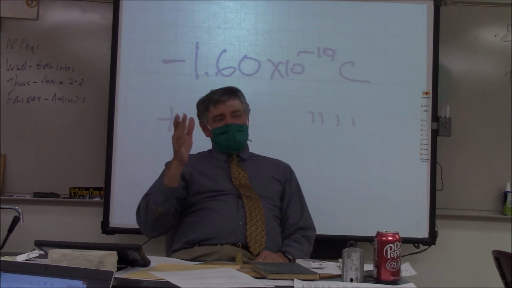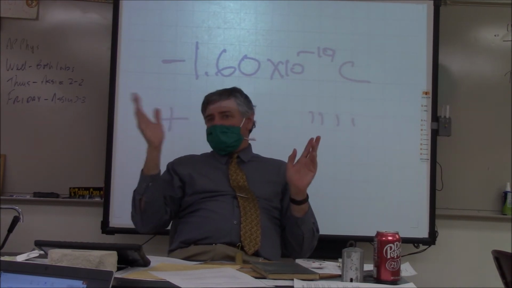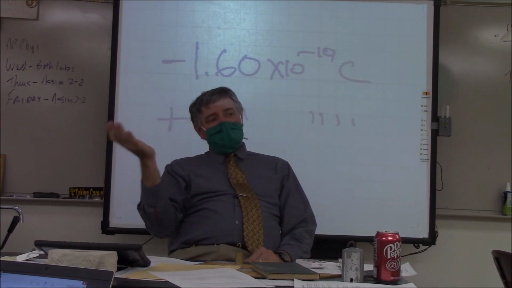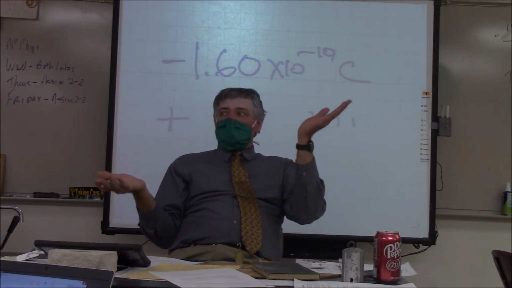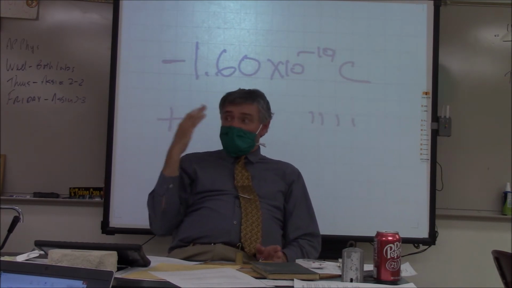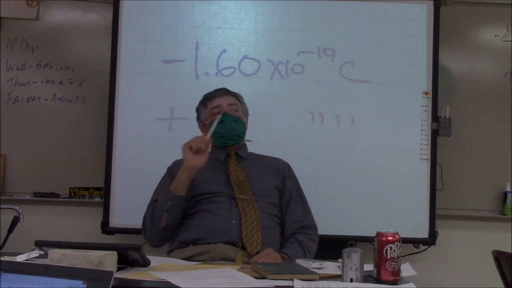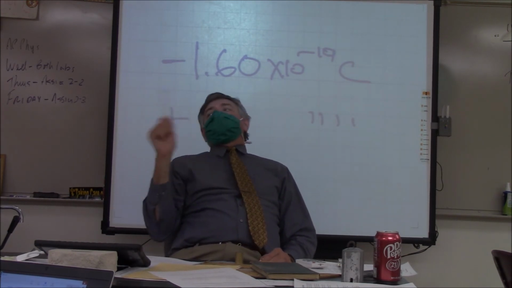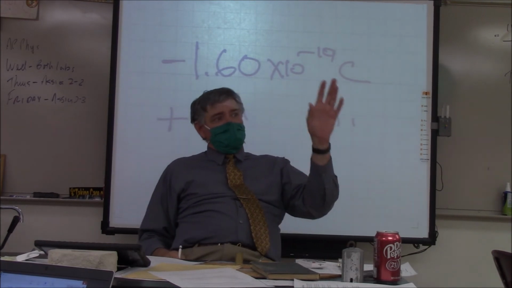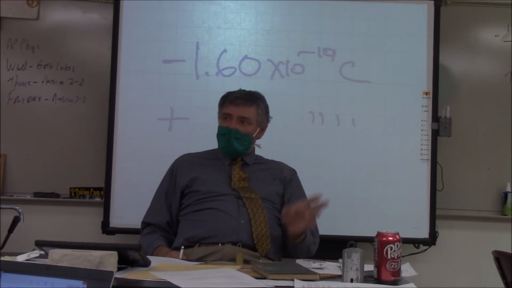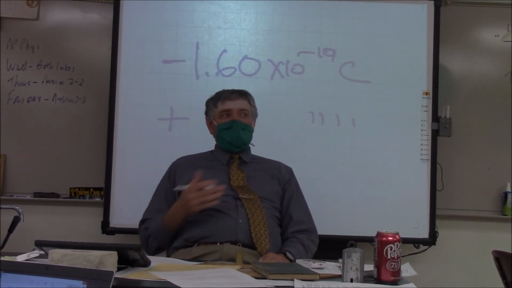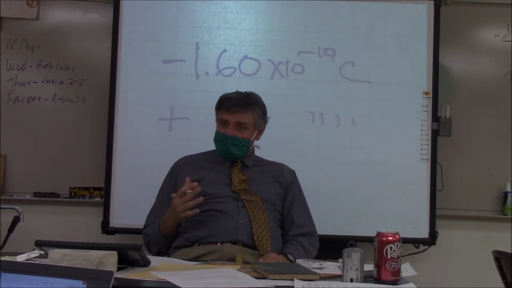But it takes about 1,800 electrons to balance out one proton. It would take about 1,800 chihuahuas to balance out one St. Bernard. You would think that electrons, being so much smaller and moving so much more quickly, would have less charge than the protons do. But they don't. They have the exact same amount of charge, which is why overall everything is neutral.